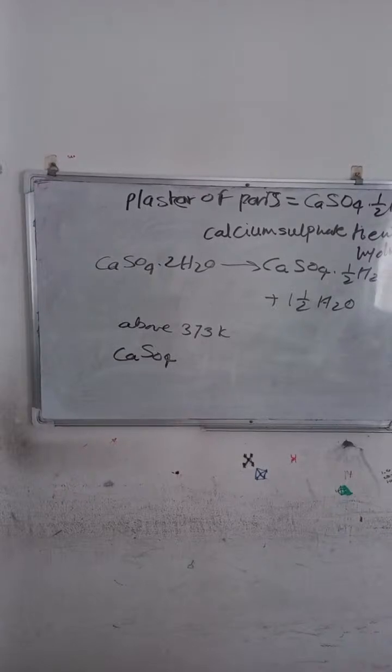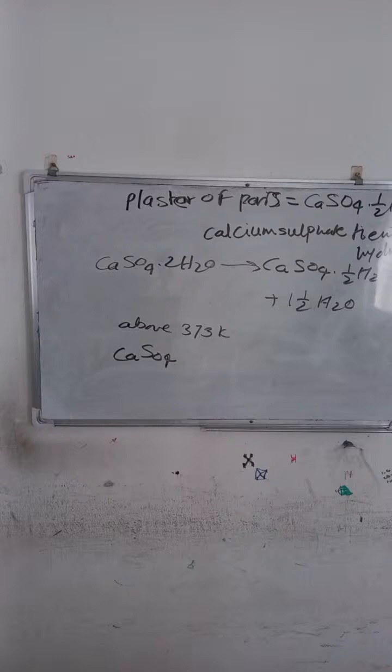Okay, now write down one more question. In one of the industrial processes used for manufacture of sodium hydroxide, a gas X is formed as a byproduct.